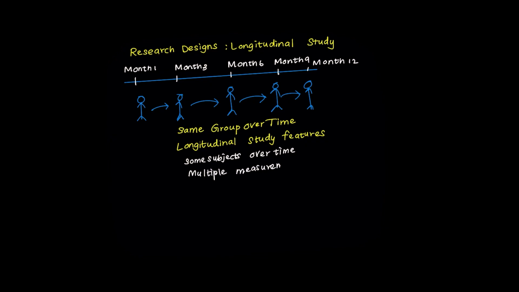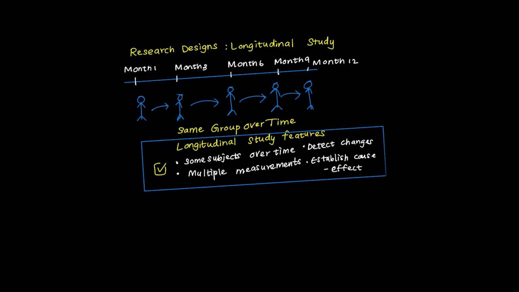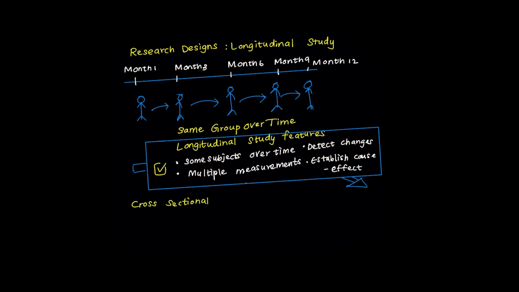This design is powerful for understanding cause and effect because temporal ordering is clear. If exposure happens before outcome, that supports a causal relationship. Longitudinal studies can be cohort studies where you follow a group forward in time, or panel studies where you collect data at regular intervals. Cross-sectional studies are the opposite, capturing data at just one point in time like a snapshot, which can't show how things change.